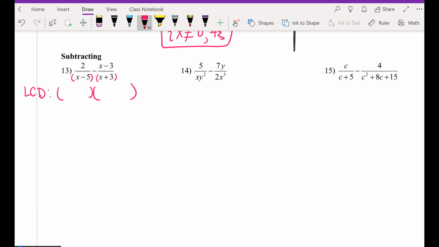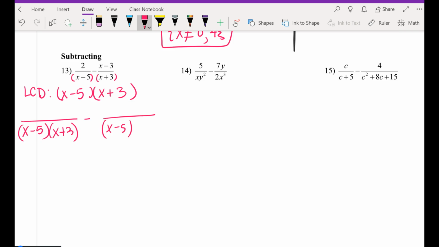No, don't multiply them. Tell me what to write in my two quantities there. X minus 5, x plus 3. Do you guys agree with Chance? Yes. When they don't have anything in common, can we just take the two of them? Yeah, that's pretty much it. Okay. And then write one fraction bar minus another fraction bar and put my common denominator under each.